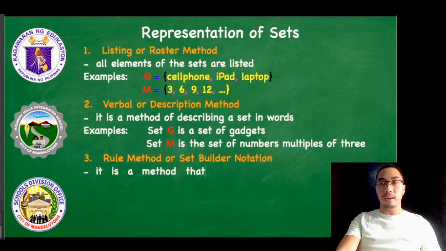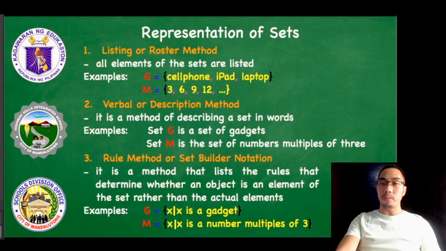Now let's take the last representation of set, which is the rule method or set builder notation. It is a method that lists the rule that determines whether an object is an element of the set rather than the actual elements. Now, the first example, we have set G is equal to {x | x is a gadget}. Take note, the bar, we read as "such that."